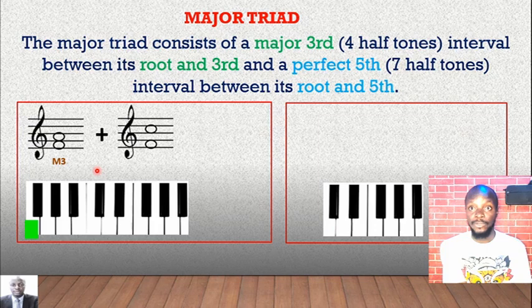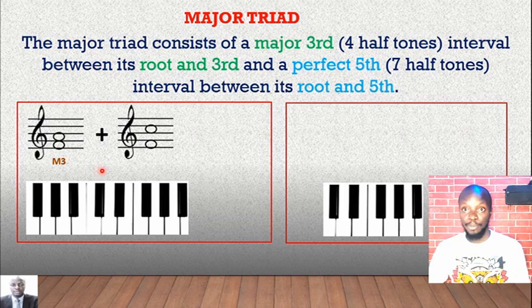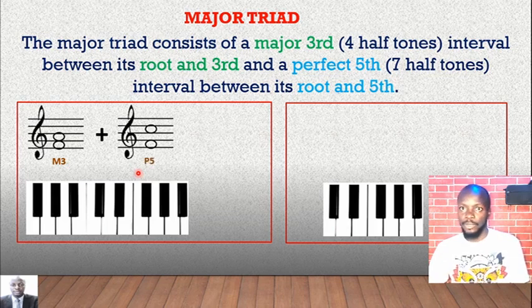When you go from F to C, it is 5 notes, and not only 5 notes, but it has 7 semitones, and that makes it a perfect fifth. Remember, a perfect fifth has 7 half tones or 7 semitones. That is called the perfect fifth, or basically P5.